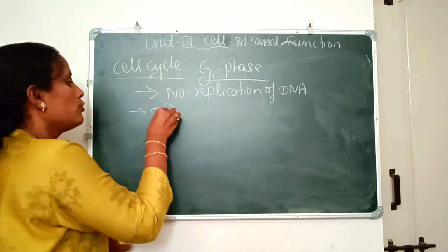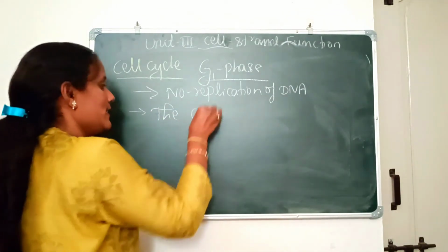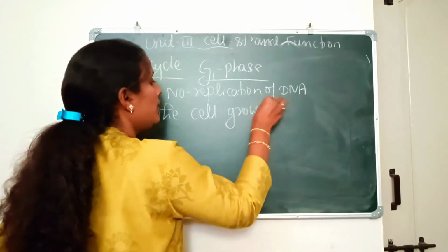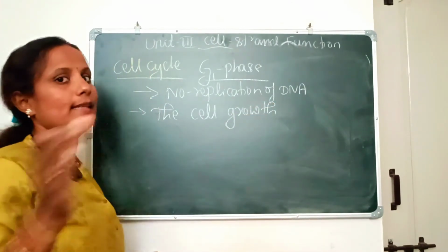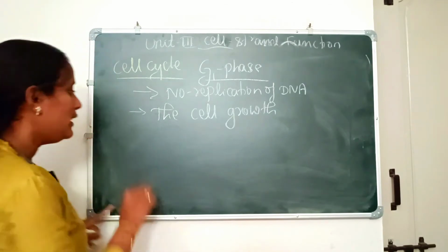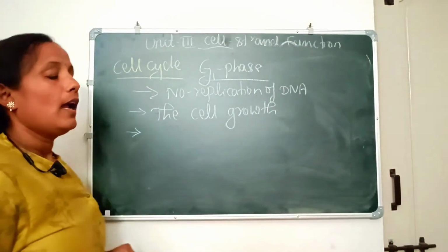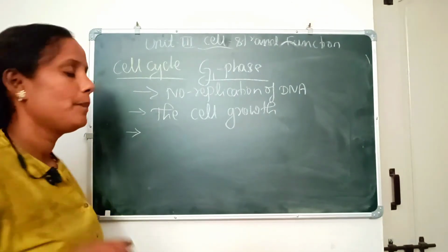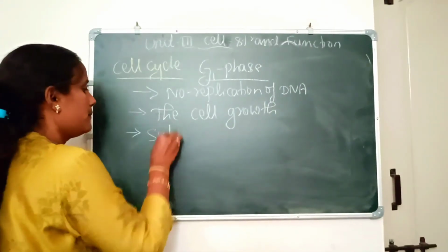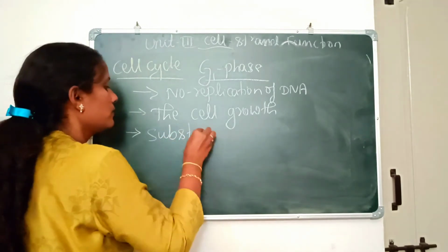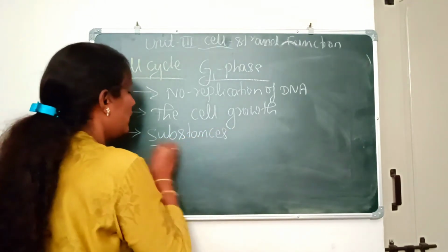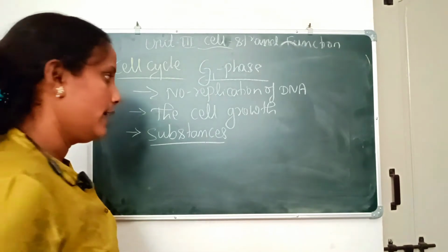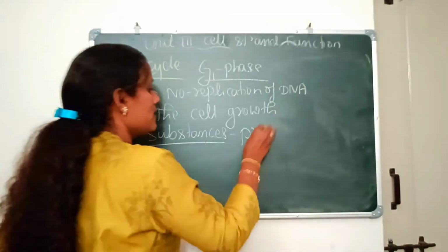The cell will grow in its size. The cell growth will take place. That means increase in the cytoplasmic content will take place. And also there is production of some substances like protein kinases.